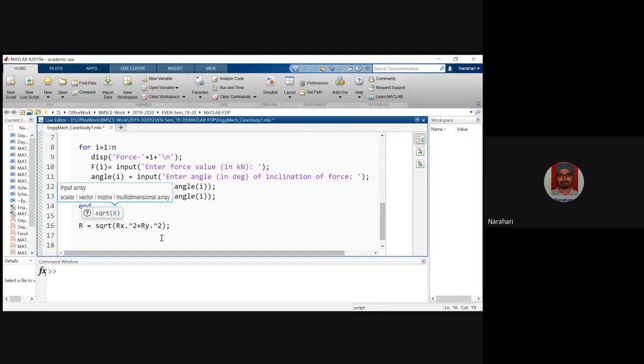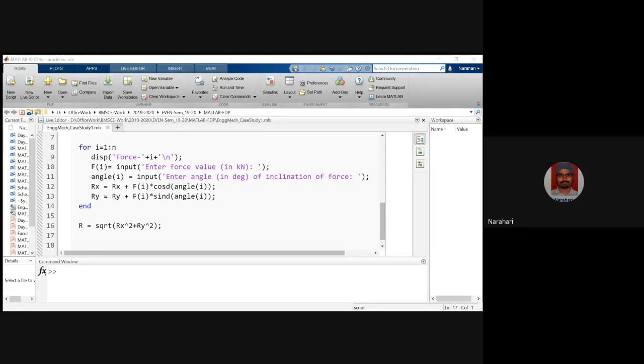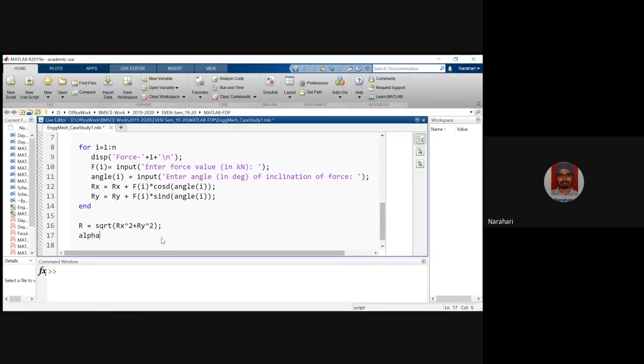But if there is a vector and you simply square it, that is where it will start giving you different values or an error. So here we could do dot square, or we need not. Both ways it will work fine, but it is better not to use dot square. Then similarly we want alpha of R, the final orientation.